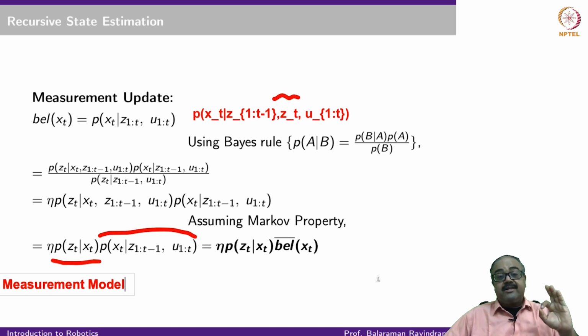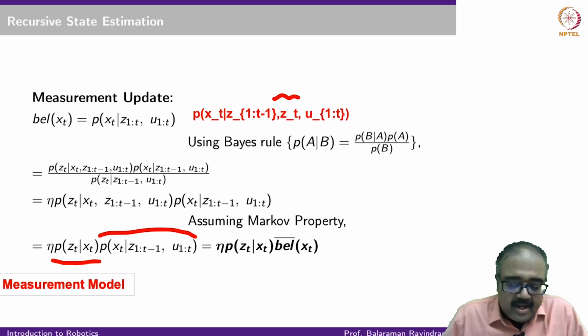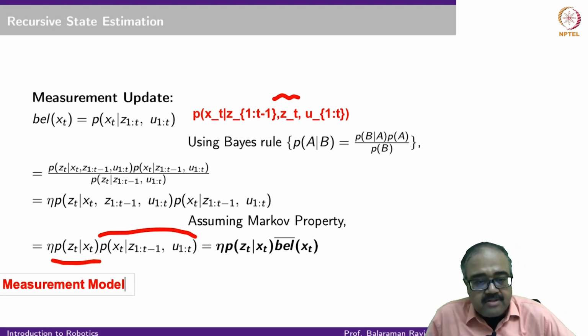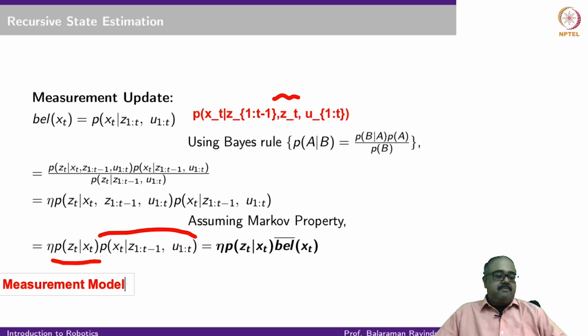Now if xt could take continuous values, then the normalization becomes a little tricky, and so what we will see in the next few lectures are techniques for making this computation tractable by making assumptions about the form of the transition function, the motion model, the form of the measurement model, and also the representation for the belief.